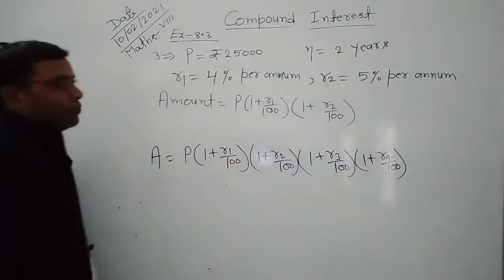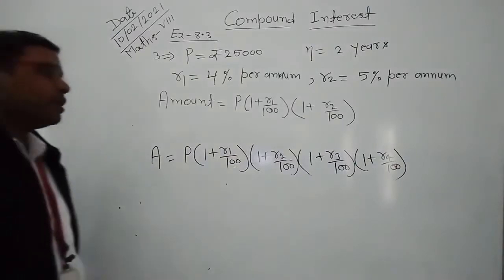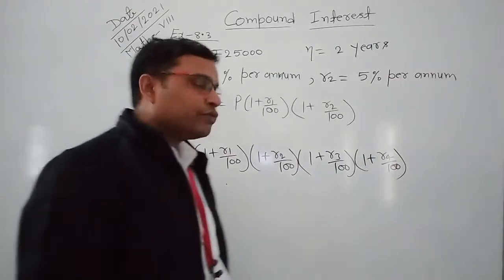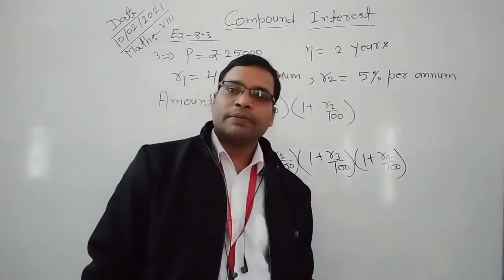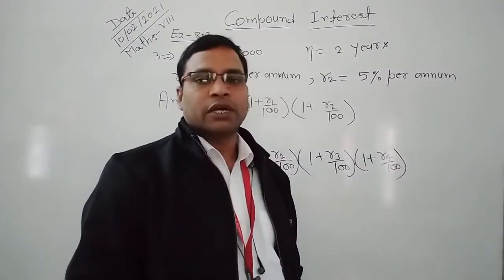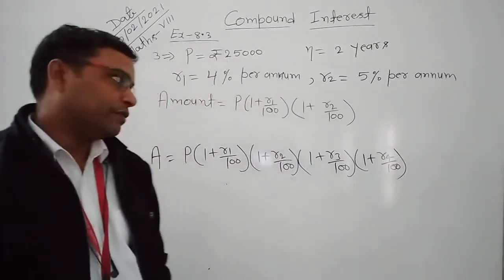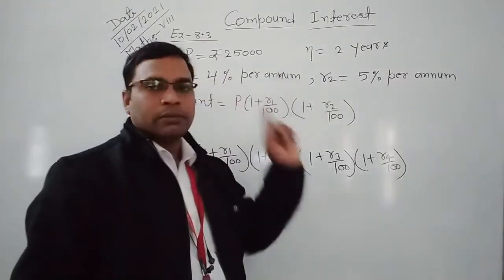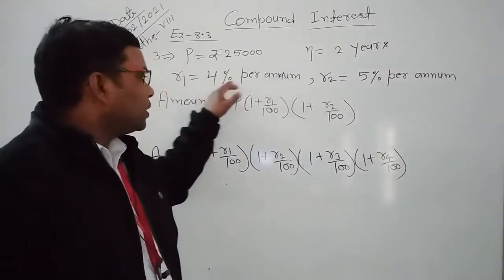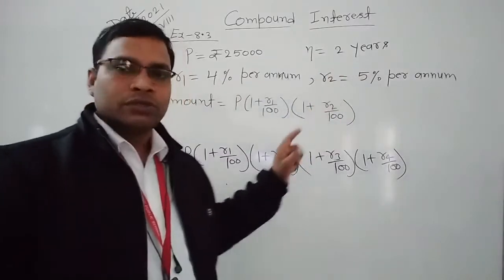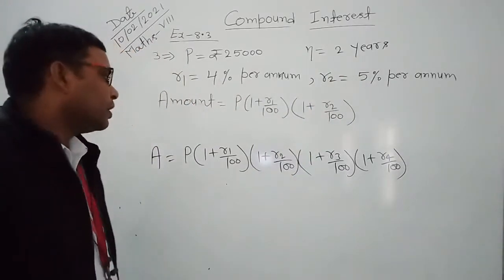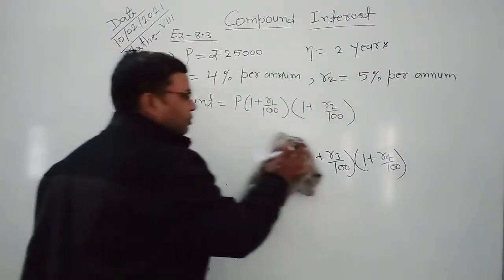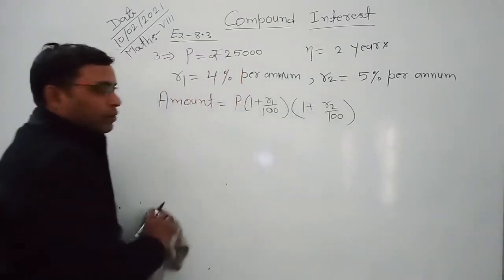In this formula we find the amount if time is 4 years and 4 rates are given: R1, R2, R3 and R4. Here time is 2 years and 2 rates are given. This is the rate for the first year, this is the rate for the second year. So we use this formula. I hope all of you understood this formula now.